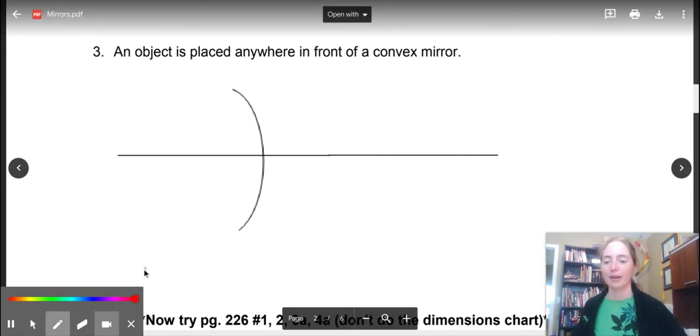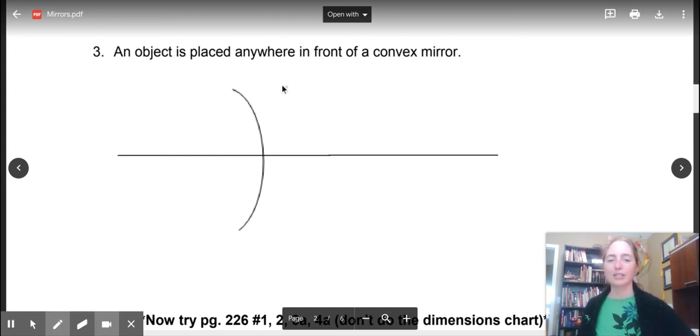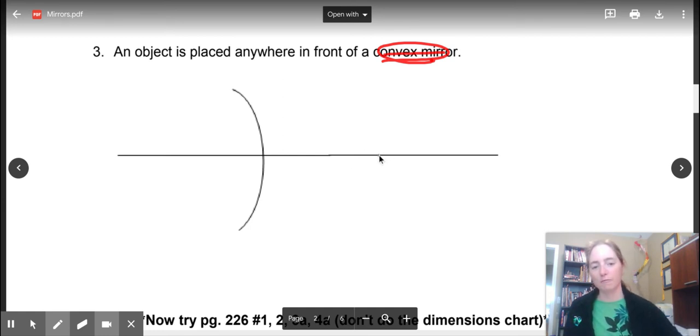Okay. So because this is now going to be a convex mirror, this side here is going to be the shiny side. Okay, so I'm going to have my center of curvature. Remembering, ladies and gentlemen, it's as if the mirror was a full circle. So you want to put your center of curvature there.